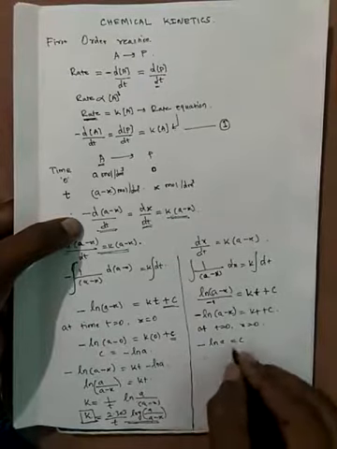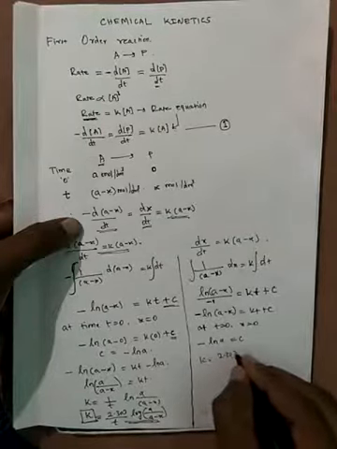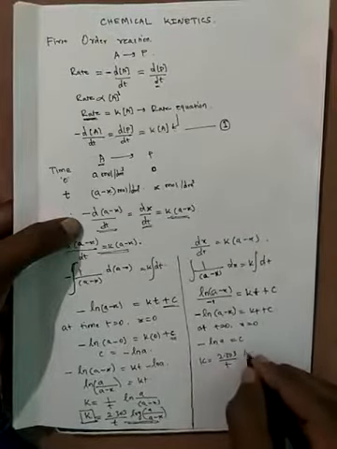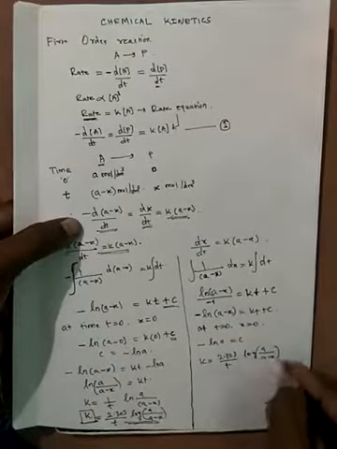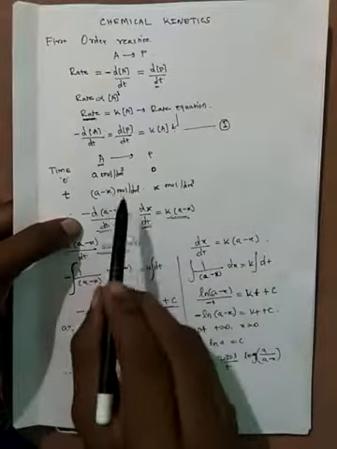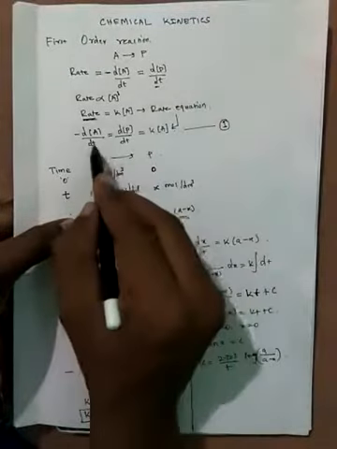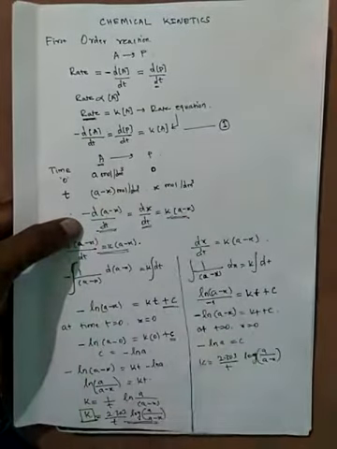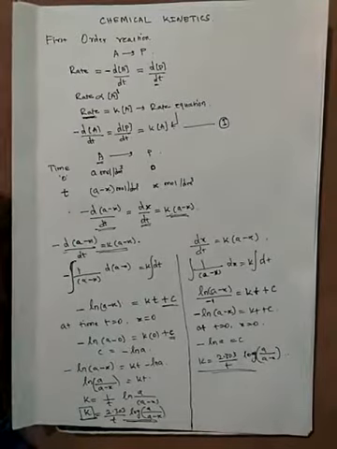So if you substitute here, then you'll get the same equation. Either you can use this rate expression or this rate expression to derive this rate constant expression for first order reaction.